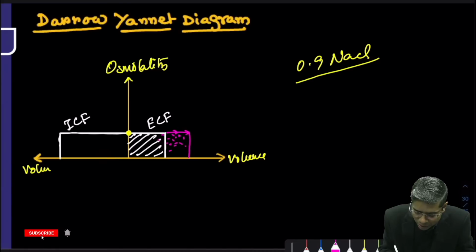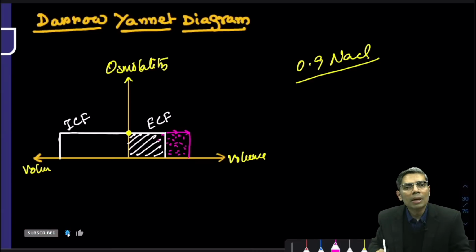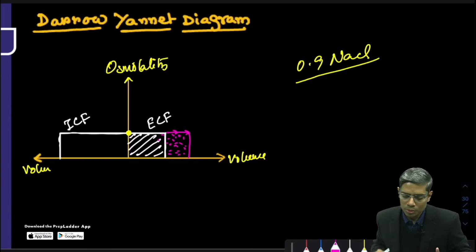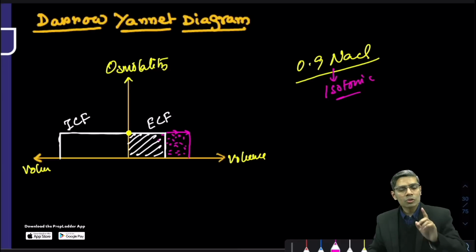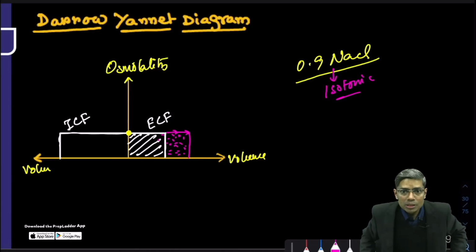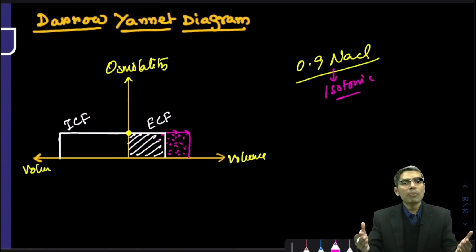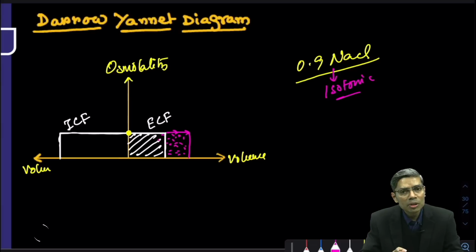There is an increment of ECF volume. But will there be any change in the osmolality of the ECF? The answer is no, because this is an isotonic fluid. So if you give ECF solution to a person, only the ECF volume will increase. There will be no change in the osmolality of the body fluid.